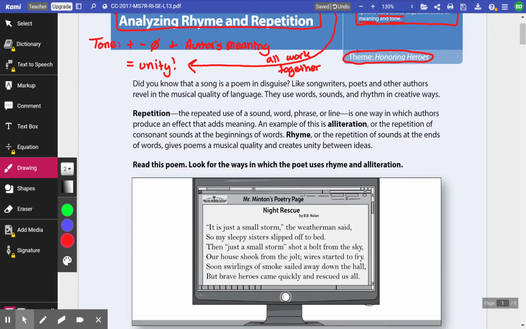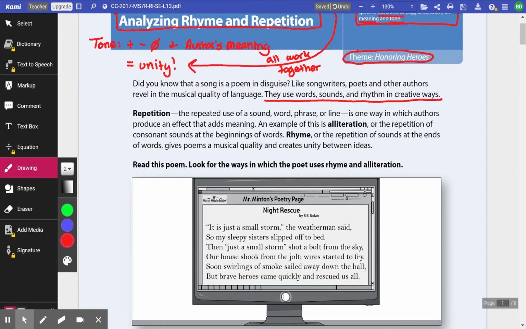So it says, "Did you know that a song is a poem in disguise? Like songwriters, poets, and other authors revel in the musical quality of language. They use words, sounds, and rhymes in creative ways." So, a poem, we've talked about this before, but a poem and a song have a lot in common.